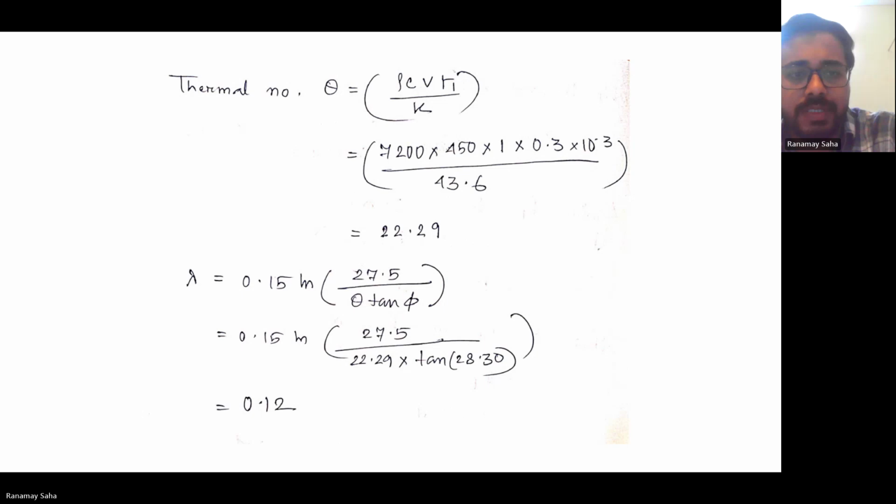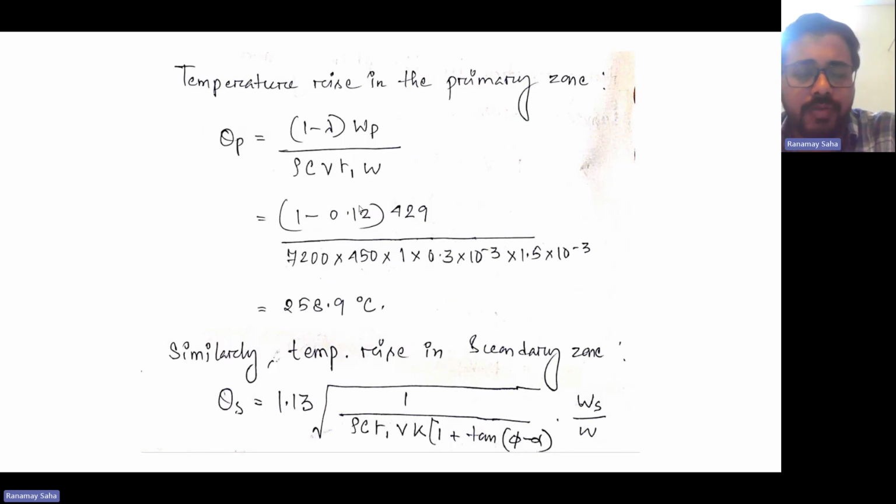Once you have found theta and lambda, you can go ahead finding the temperature rise in the primary and secondary zones. The temperature rise involves lambda, t1 and W, where W is the width of the cut.